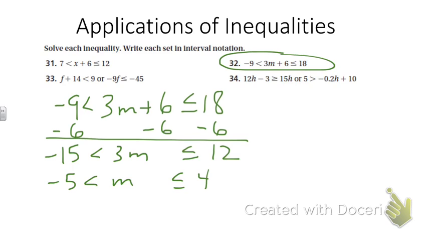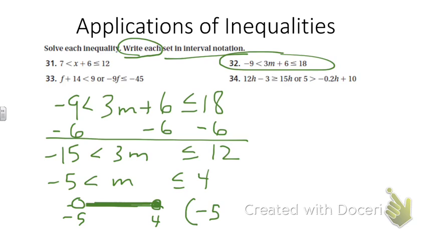So this is solved, and it says write each set in interval notation. Well, if it helps, put it on a number line. -5 to 4, everything in between. My -5 should be an open circle, and my 4 is closed. So open circle -5 all the way to 4.